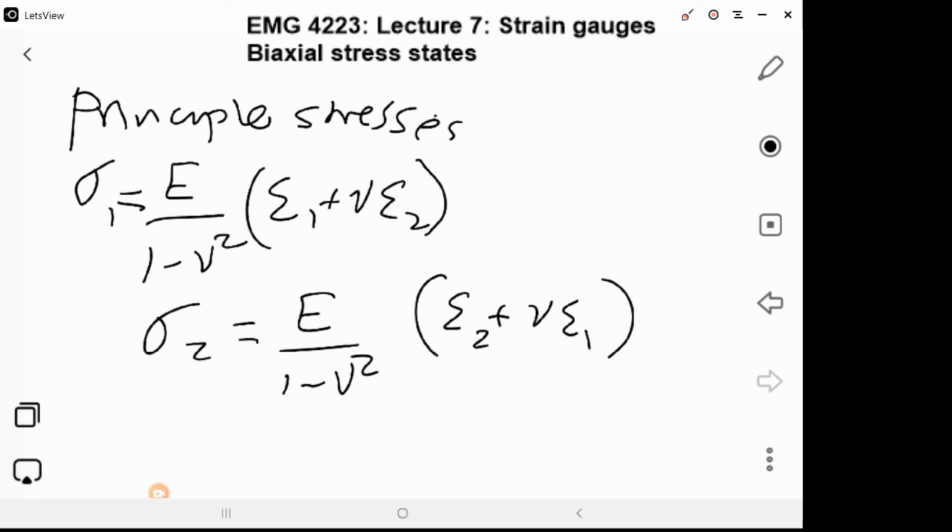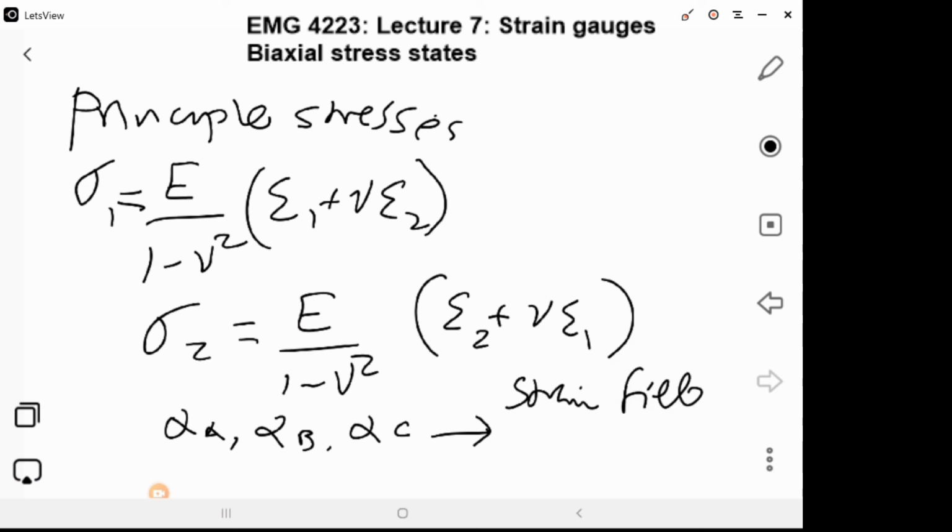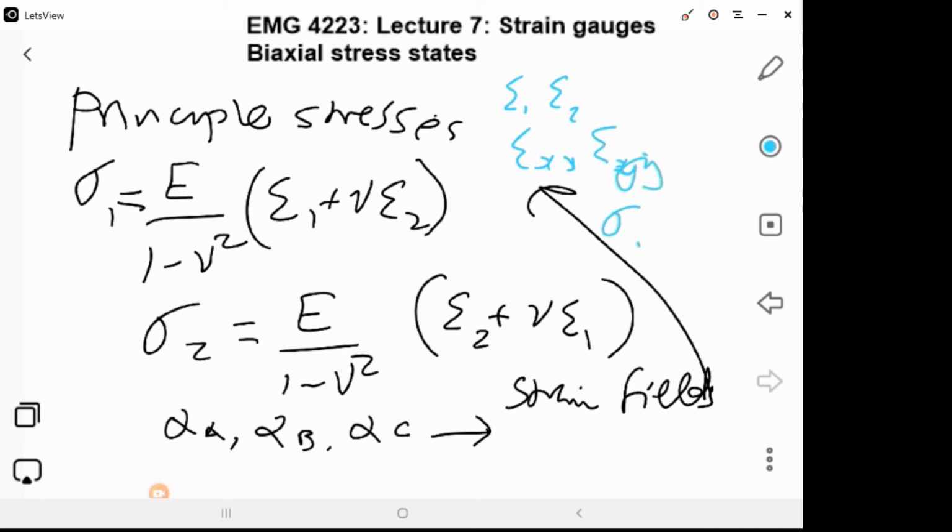So the three-element rosette has fixed angles, and alpha B and alpha C are used to provide sufficient data about the strain field. They help to give us the strain field, the principal strains, and then the principal stresses. That is very important.